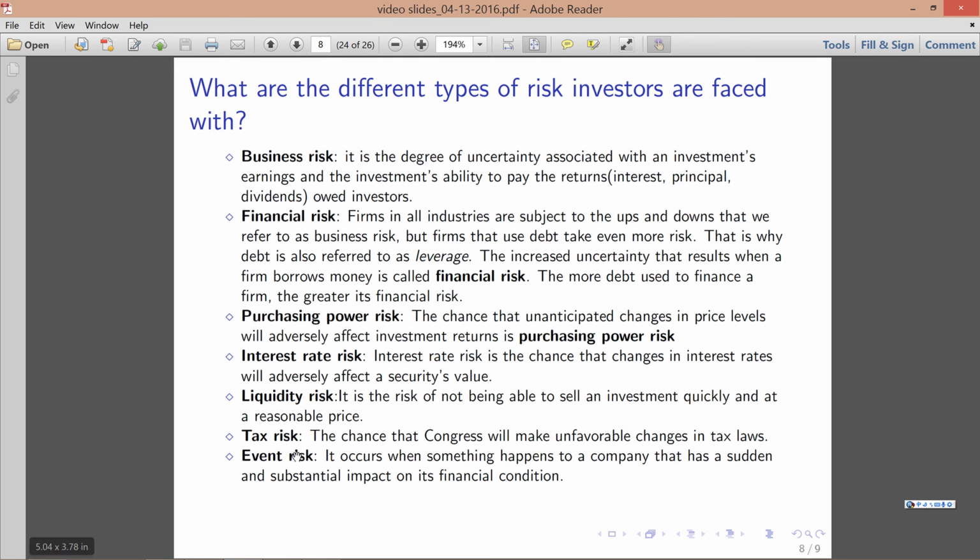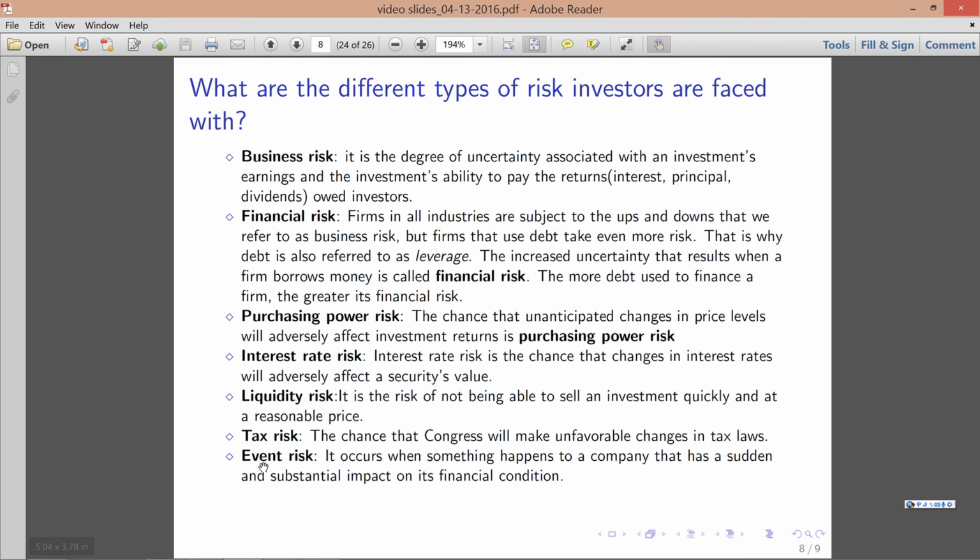Event risk is the chance that something extreme is going to happen to a company that is sudden and substantial. Okay, for example, if you're investing in a firm because you think the CEO is great, you trust him that he is going to make this firm very big in the future. But what if the CEO suddenly dies, or there's a strike against the firm, or things like that?